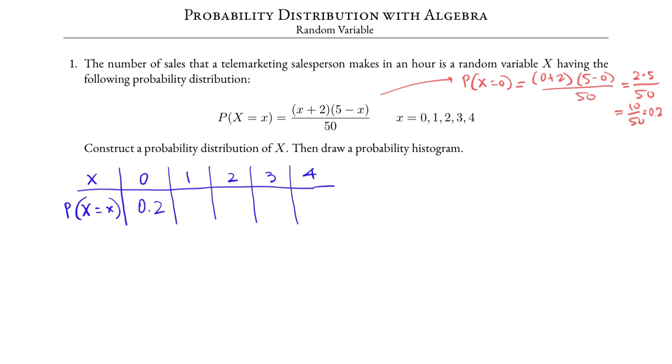And so we have 0.2 when x equals 0. When x equals 1, we have P of x equals 1 equals 1 plus 2 times 5 minus 1 over 50. And this is 3 times 4 over 50, or 12 over 50. But 12 over 50 is 0.24.